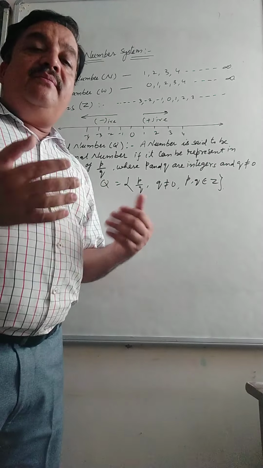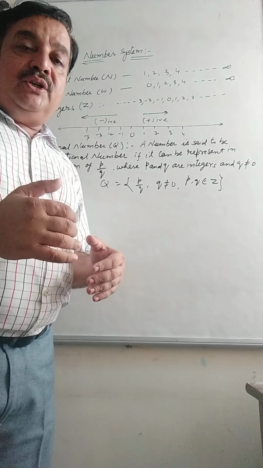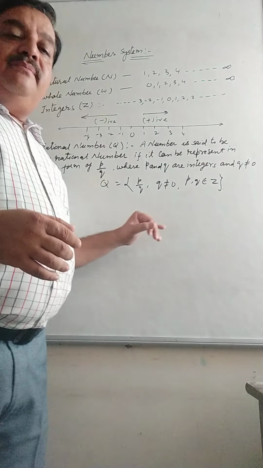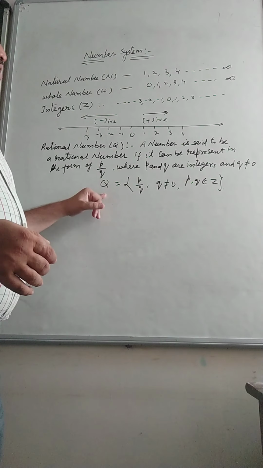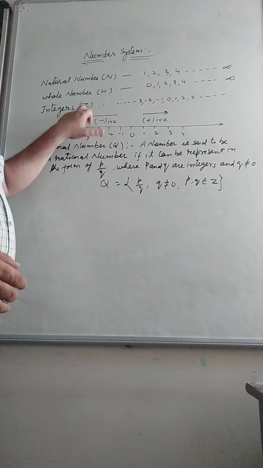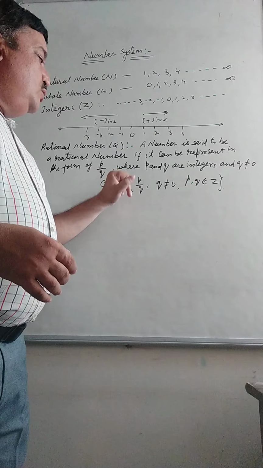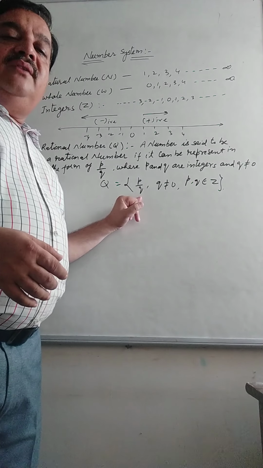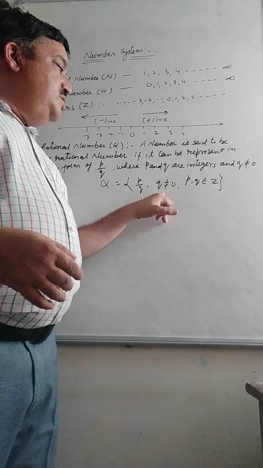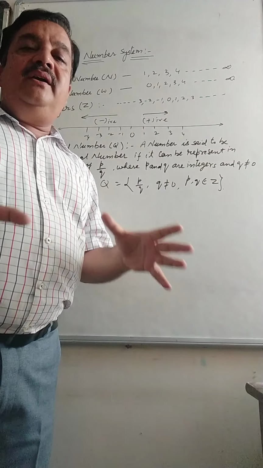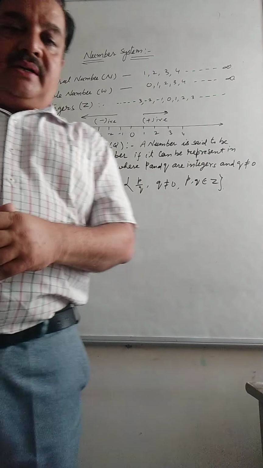Any number which can be represented in the form of p upon q is said to be a rational number, and the set of rational numbers is denoted by Q, where the integers are denoted by Z. So Q equals p upon q, where q is not equal to 0 and p and q belong to Z, will be a rational number.